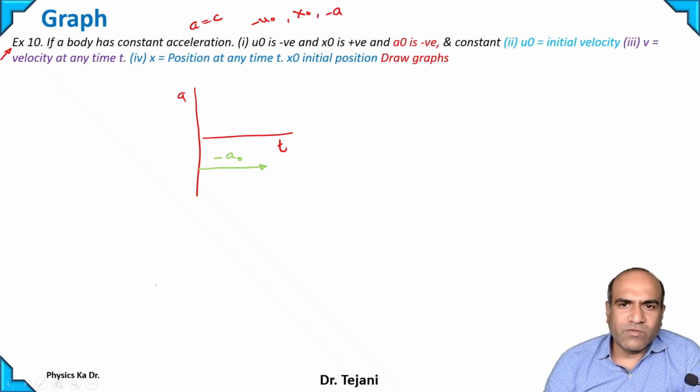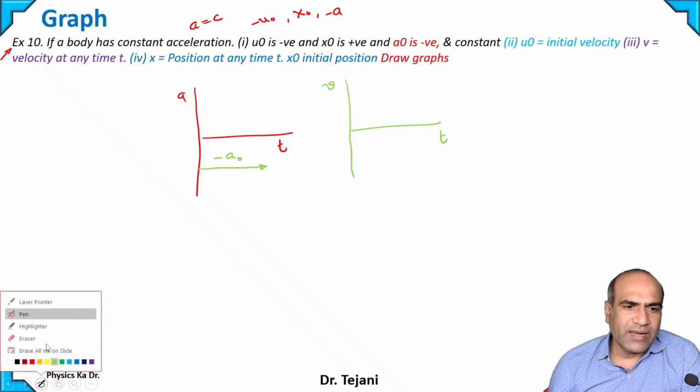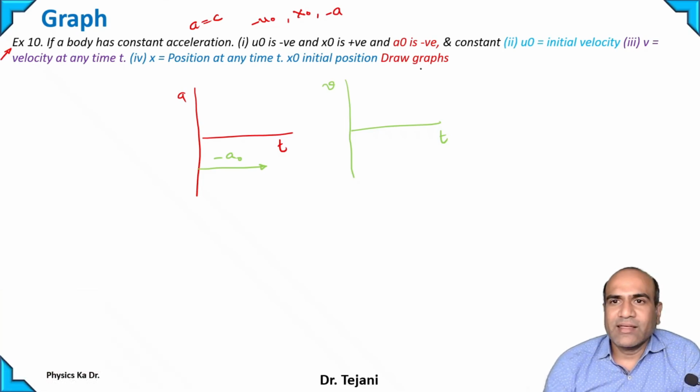Then if you want to draw the velocity versus time graph, if this graph is a straight line, velocity versus time should be an inclined line. So here velocity u is negative, so it should be negative u0, and acceleration is also negative.